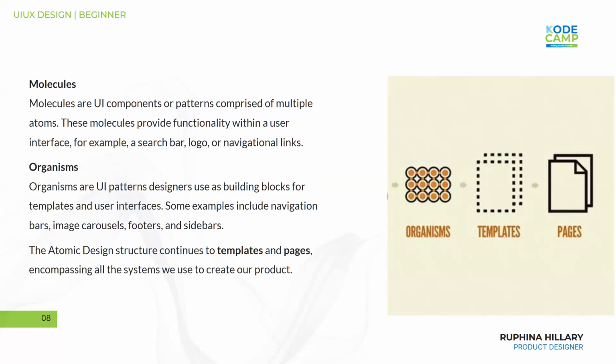If you think of footers or navigation bars, you might see a button in it, you might see a card, you might see a toggle, you might see different molecules and different atoms in it. So now we have moved from atoms to molecules, and from molecules to organisms. These molecules will come together and make the organisms.